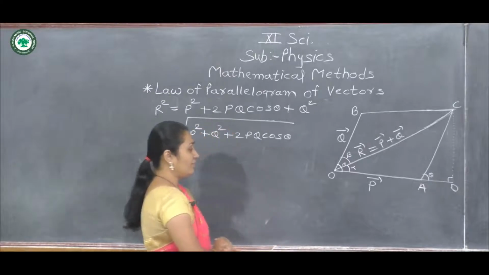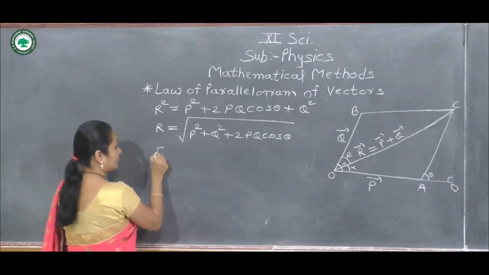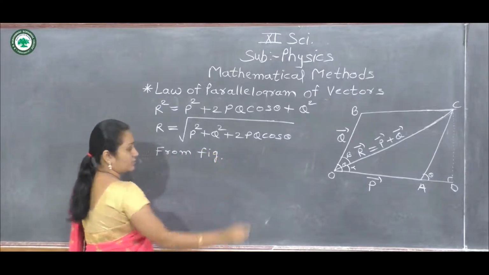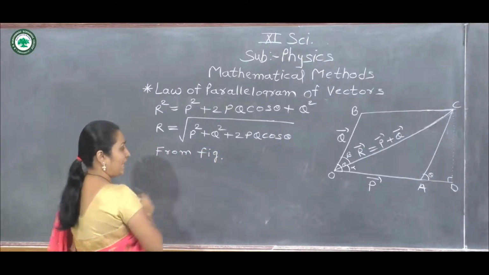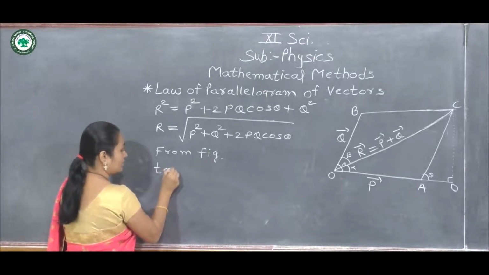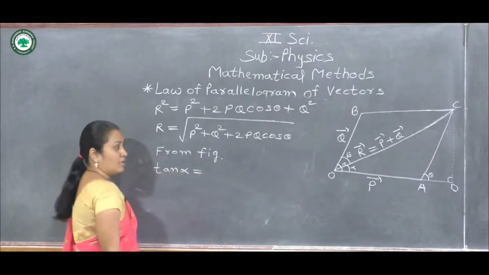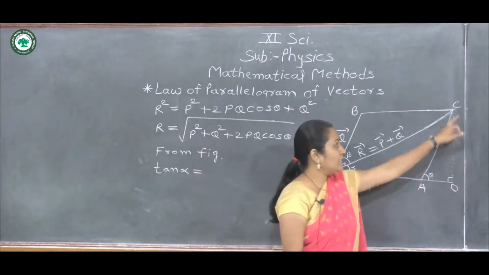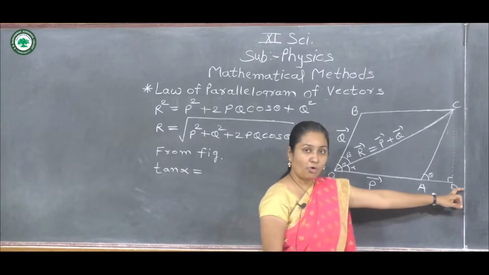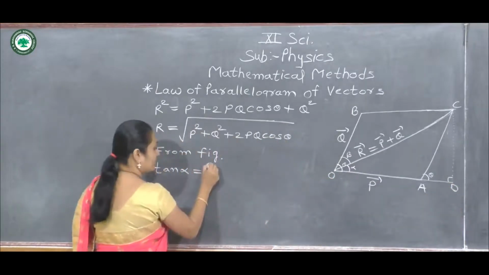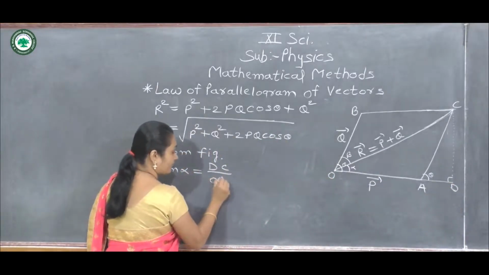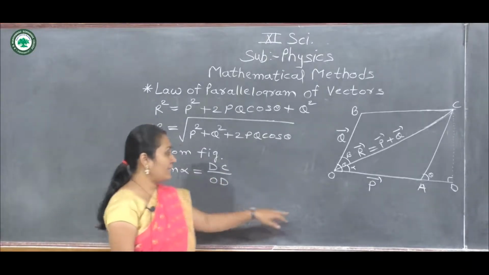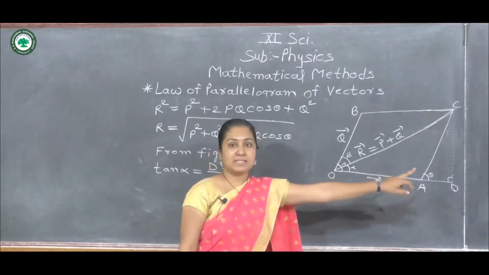First we will find tan alpha. So tan alpha is given by DC upon OD. This OD can be written as OA plus AD.